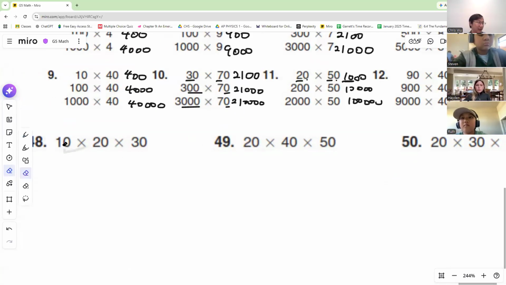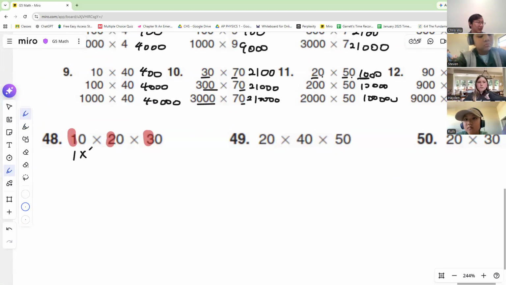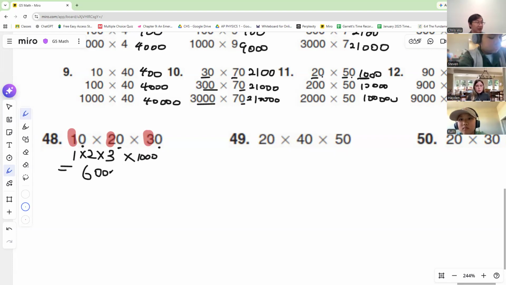Or 3 numbers multiplied together. So what do I do? Well, same idea. I'm going to just look at the numbers that don't have the 0 at the end. So it's 1 times 2 times 3. And then I'm going to add 3 more zeros too, right? So I have to think of it as I multiply by 1,000. So 1 times 2 times 3 is going to be 2 times 3, so 6,000, right?